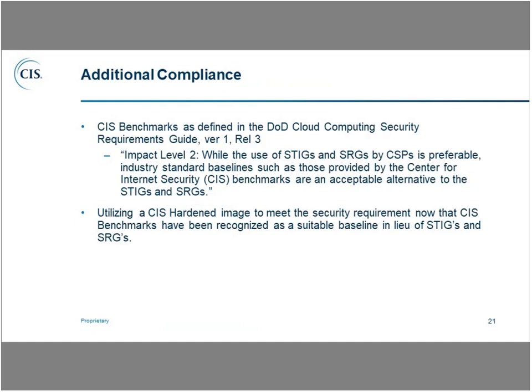So the use of our benchmarks, which correlates directly into the CIS Hardened Images we offer in the cloud, now meets IL2 standards and have been recognized as suitable baselines in lieu of STIGs and SRGs. If you want to reference this guide, it's referenced on here, the DoD Cloud Computing Security Requirements Guide, version 1, release 3.